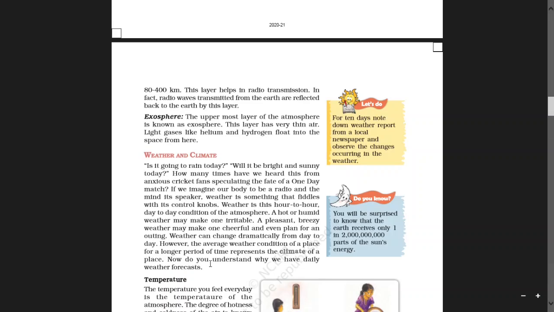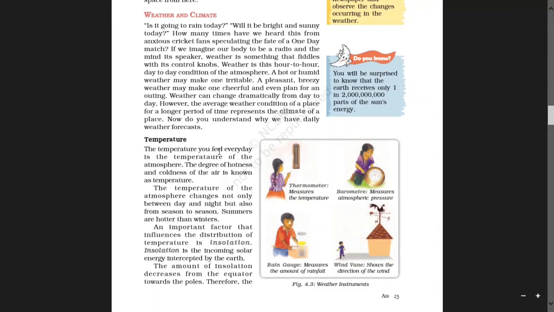Temperature. The hotness or coldness which you feel every day is the temperature of the atmosphere. The degree of hotness and coldness of the air is known as temperature. If anybody asks you what temperature is, you have to say the degree of hotness and coldness of the air.